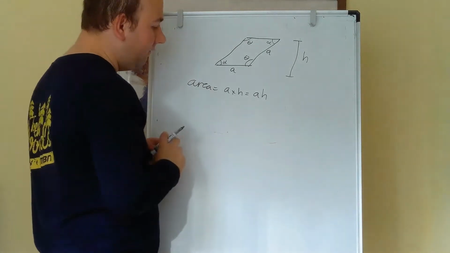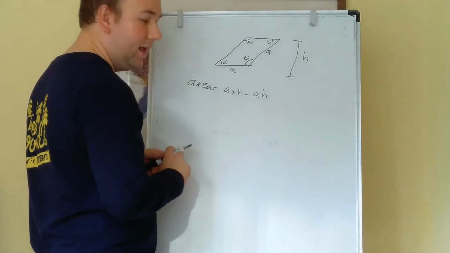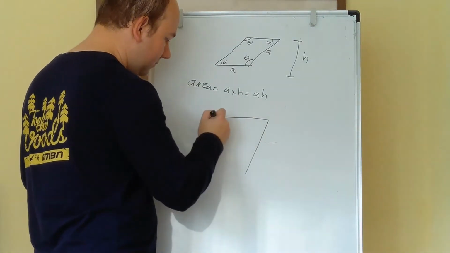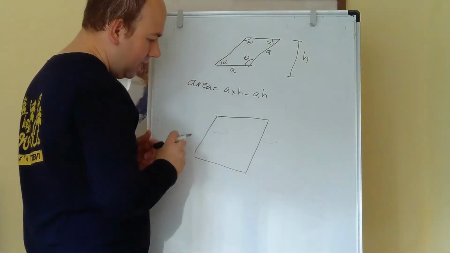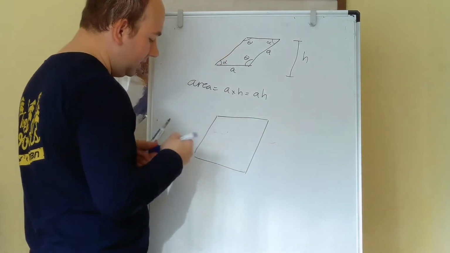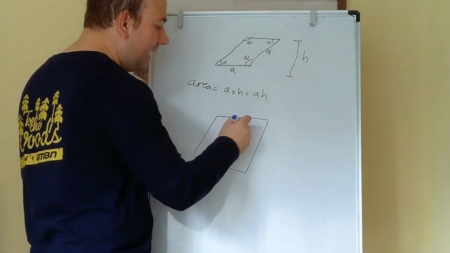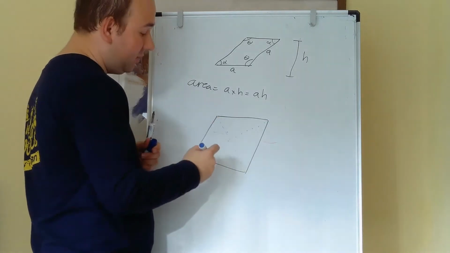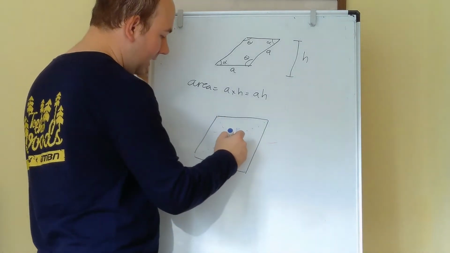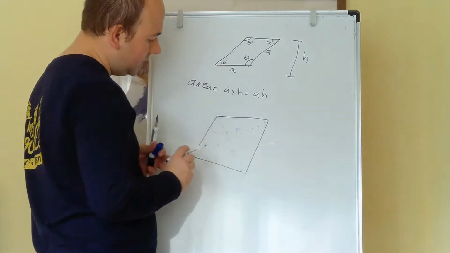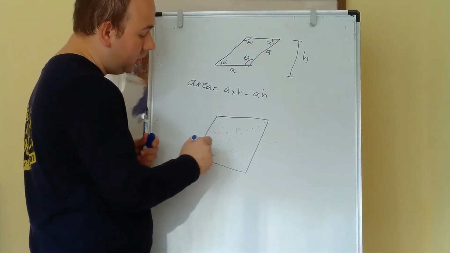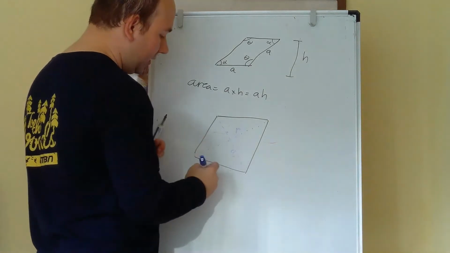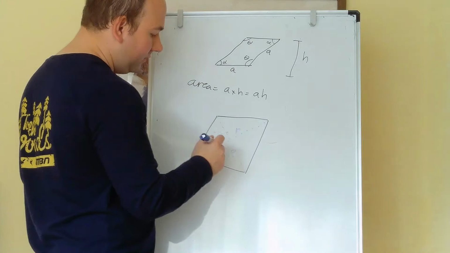There is another way of finding the area of a rhombus. Again, if I draw it out nice and large, and draw my lines which link the corners, these don't have to be the same length, so let's call this one P and this one Q. If you notice, this will divide it into two triangles, and the area of each triangle would be half the base.